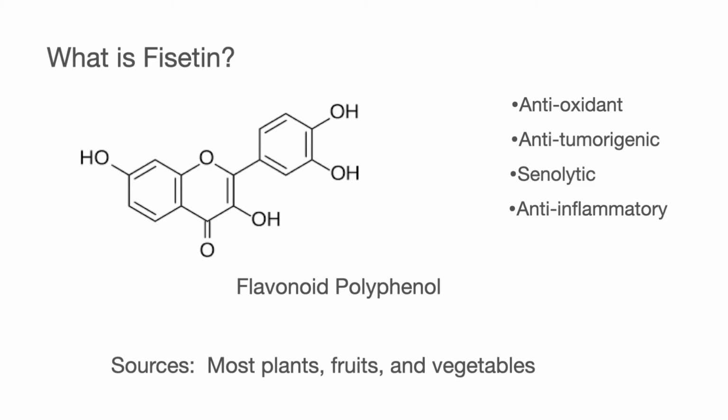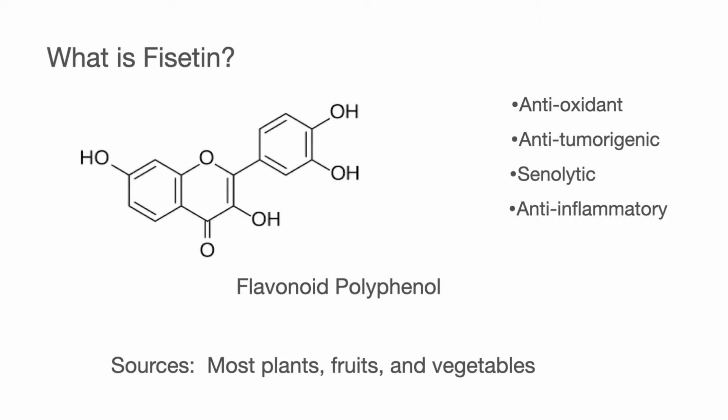You know, the senolytic effect of Fisetin also can facilitate its anti-inflammatory properties. But that's another video for another day. We're definitely going to delve into that. And the ring structure of Fisetin, this is a very stiff molecule, and it's very planar.